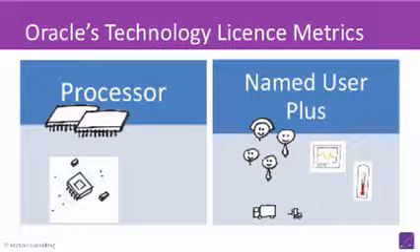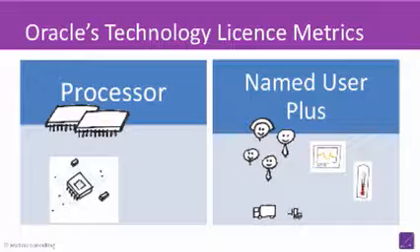So there's 2 ways of licensing the Oracle database, as we mentioned, either by the size and power of the server or the number of users. So if you choose to license the server, we use the number of processors on that server to calculate the number of licenses needed.